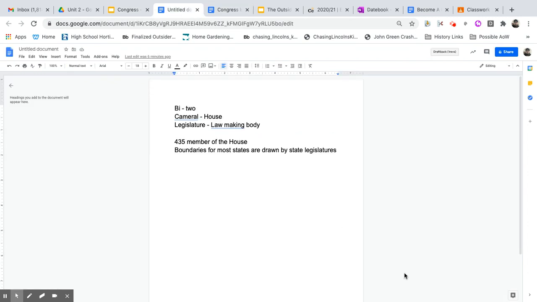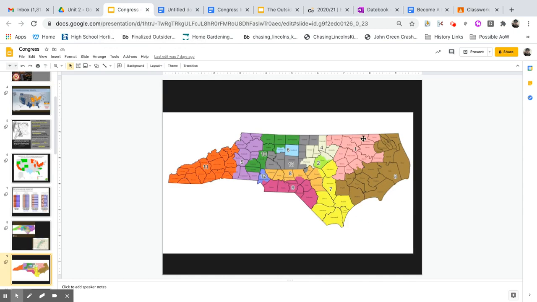Each representative represents roughly 700,000 people, and that changes state by state. It's not perfectly accurate, but in general in the United States, they represent about 700,000 people, probably a little more than that, really.